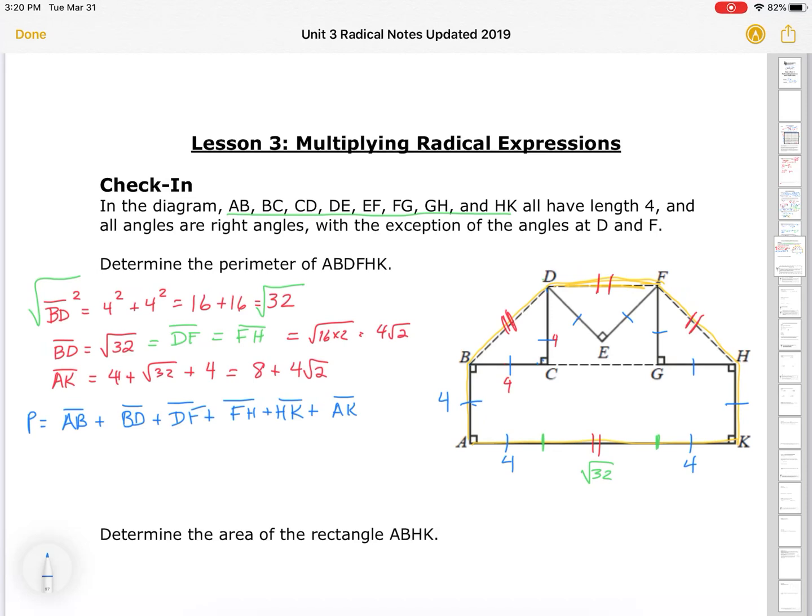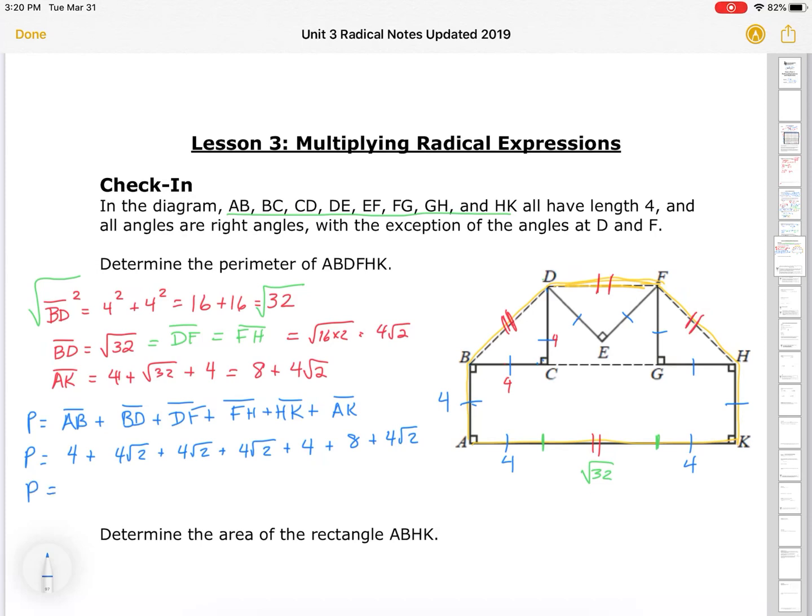Another way you could do it, you could also say, well, I know I have 2 4s, the AB and the HK, but we can just lay it out like this. So AB is a 4, BD is 4 root 2, DF is 4 root 2, FH is 4 root 2, HK is 4, and AK is 8 plus 4 root 2.